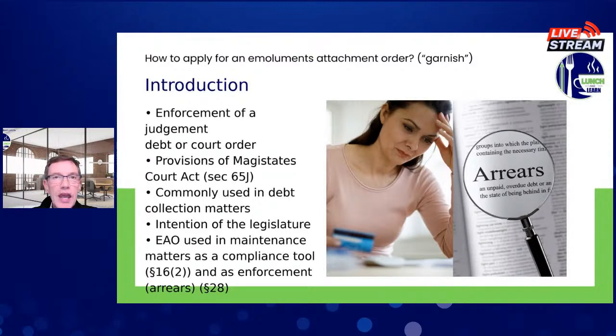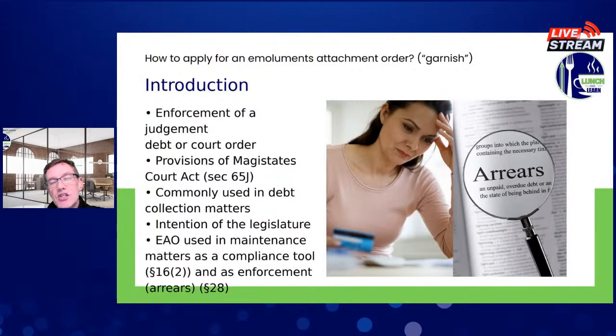Long before the amendments were made to the Maintenance Act, there was a provision in the Magistrates Court Act allowing deductions from the wages of a respondent, or rather a judgment debtor, in order to enforce a judgment made by the court. The provisions of the Magistrates Court Act, contained specifically in section 65J, were there long before the Maintenance Act was drafted and put into place. So that is just the history of where it comes from.